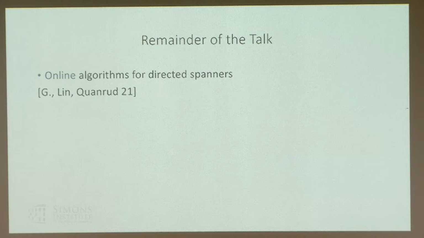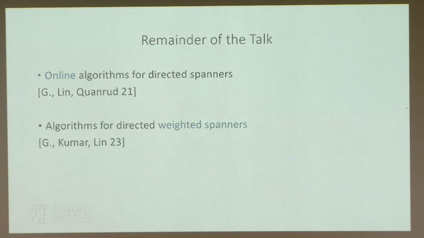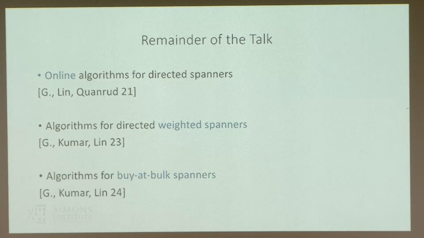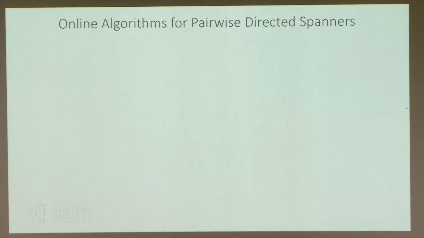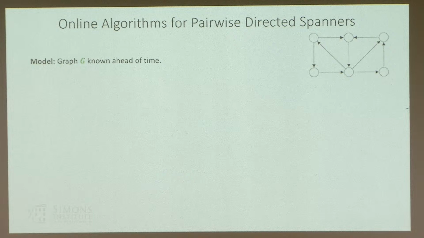So I'm going to talk about 3 papers. These are all results for offline algorithms that we've seen so far. We have a result about online algorithms, and then 2 about even more general variants of spanners. Let's see what it means to solve this problem in the online setting.